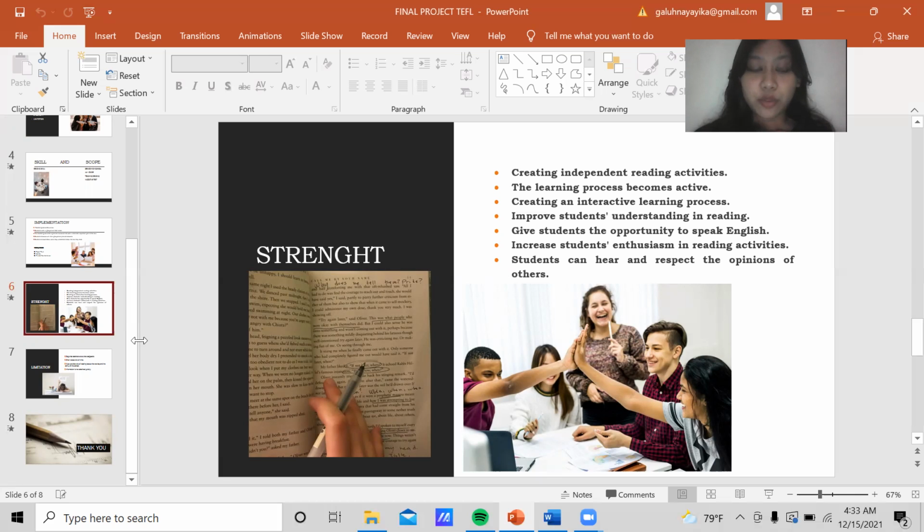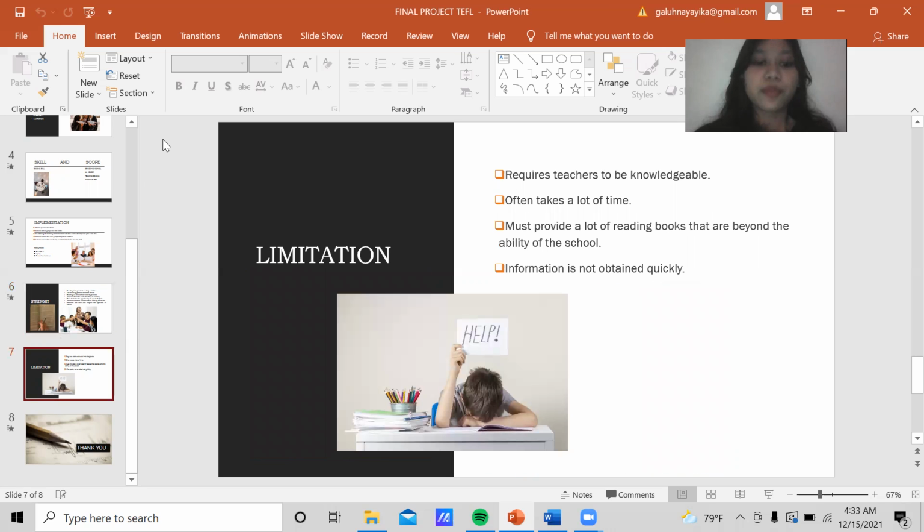So let's move to the limitations. In addition to the strengths, of course, this strategy has limitations. The first is it requires teachers to be knowledgeable to make the students easily understand the method that the teachers use.